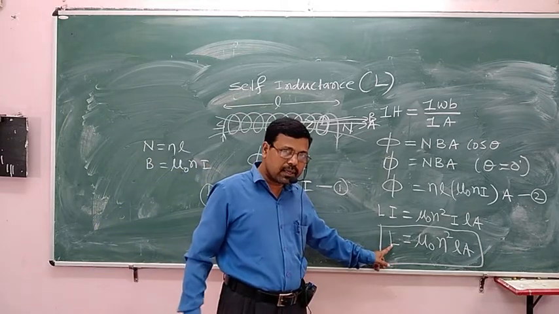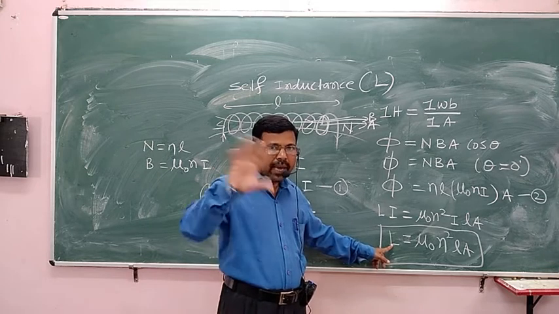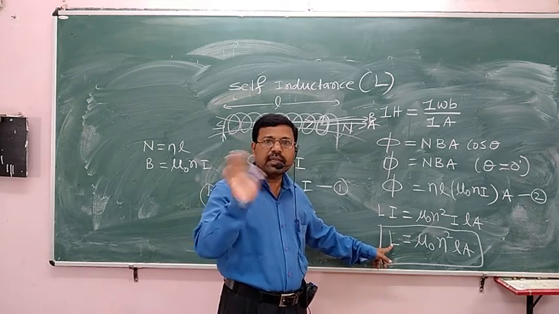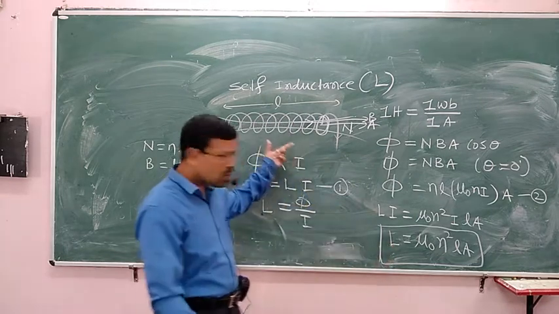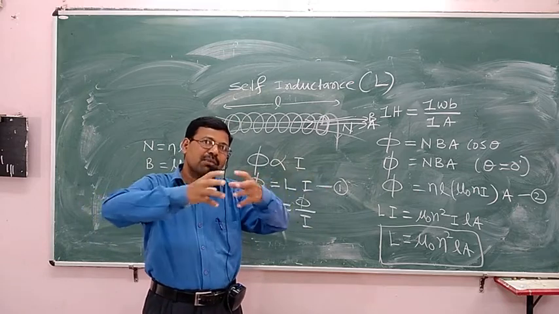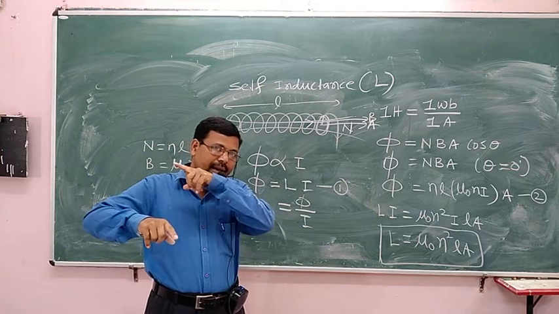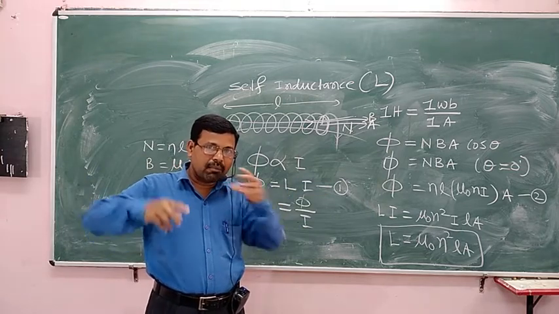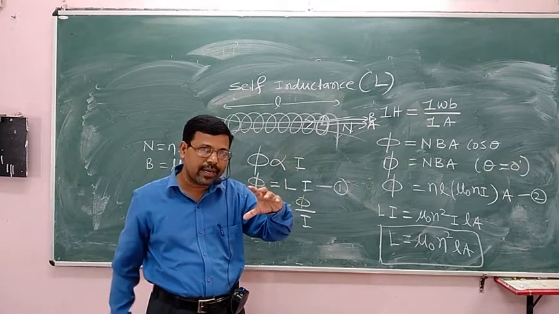So self-inductance does not depend on magnetic field or on current. Self-inductance of this coil depends only on the dimensions of the coil. Dimensions means cross-sectional area, length and the material that is filled inside the solenoid.